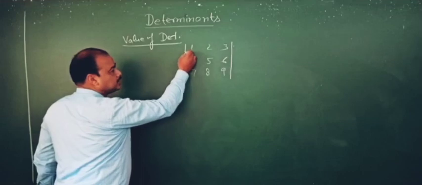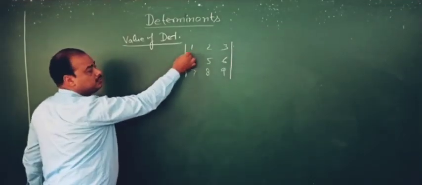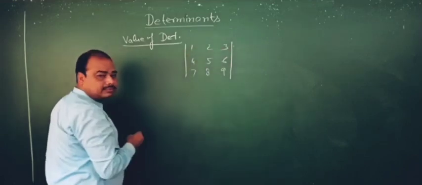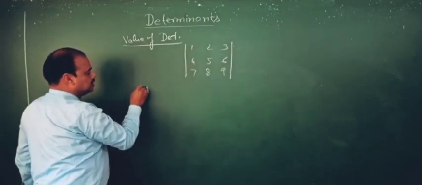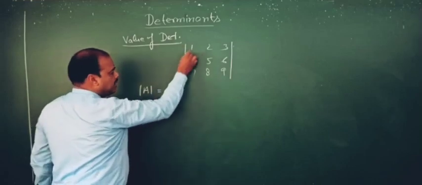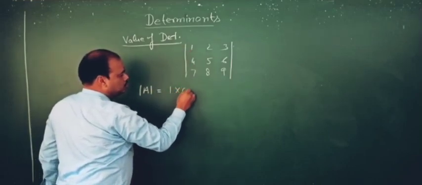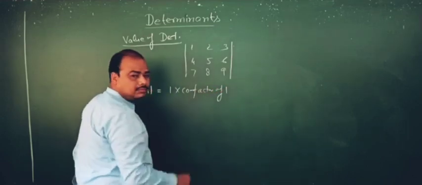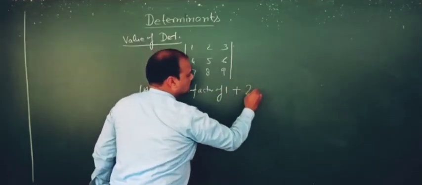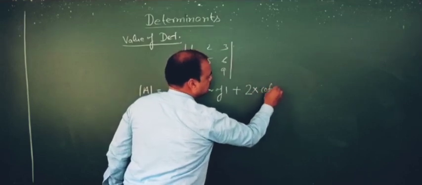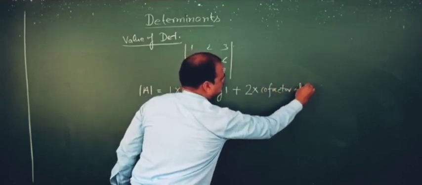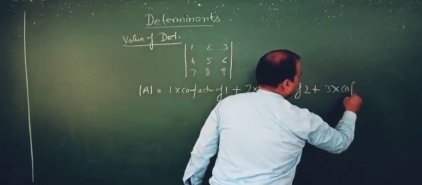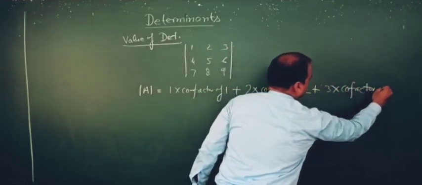If we expand with respect to the first row, that is 1, 2, 3, the value of this determinant equal to 1 into cofactor of 1 plus 2 into cofactor of 2 plus 3 into cofactor of 3.